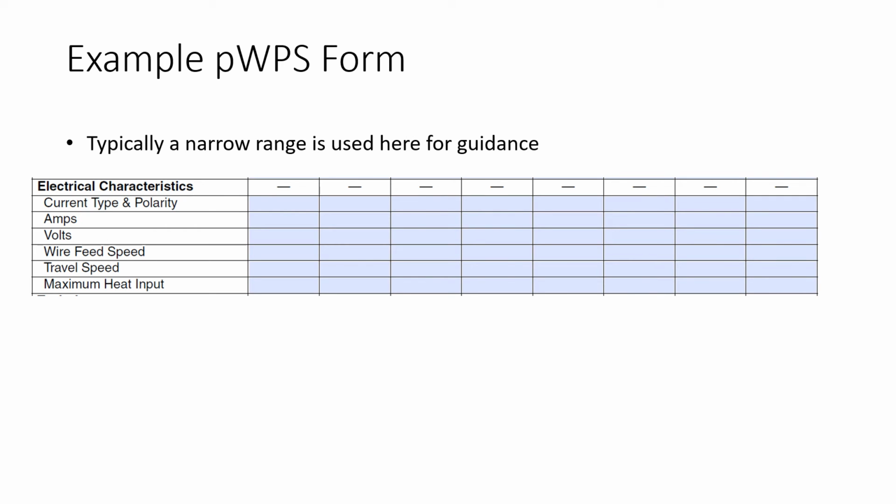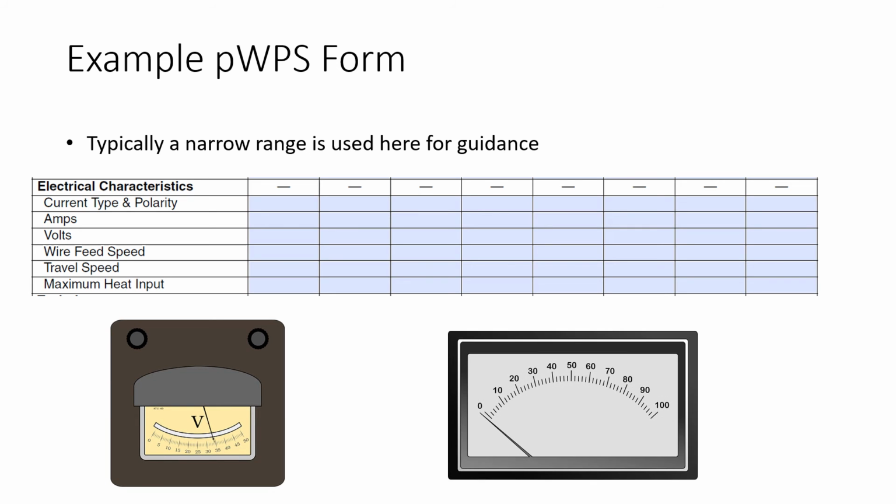So on our pWPS, you're probably also going to want to give the welder a range of what they're going to do with their voltage and with their amperage. The current type and polarity. You don't want to just throw those guys to the wolves and then have them figure it out. You're probably going to want to dig through some customer literature, and find some recommended voltage and amperages for their product line.